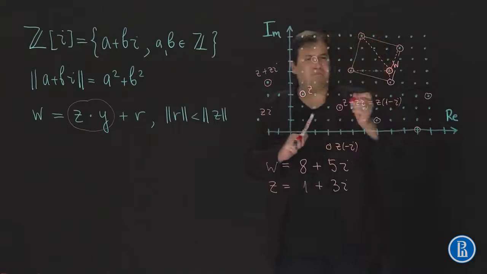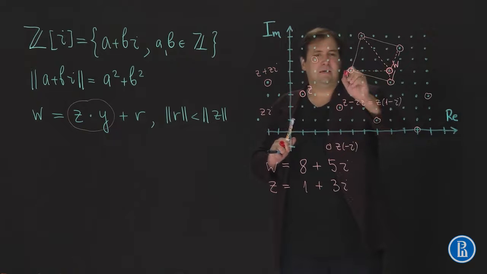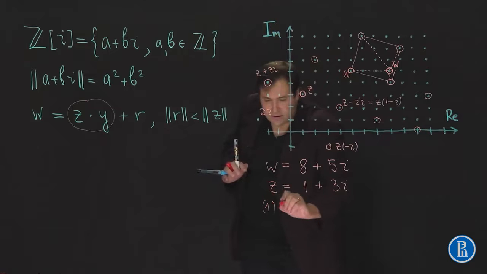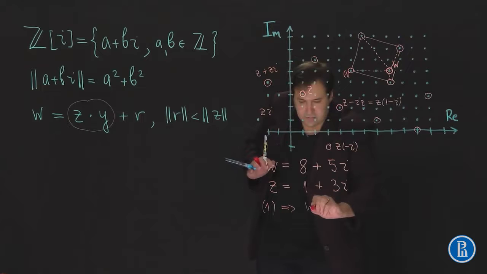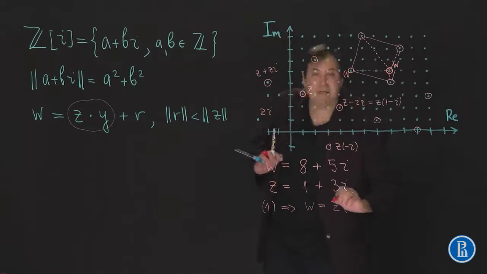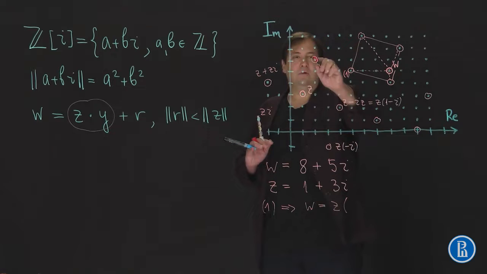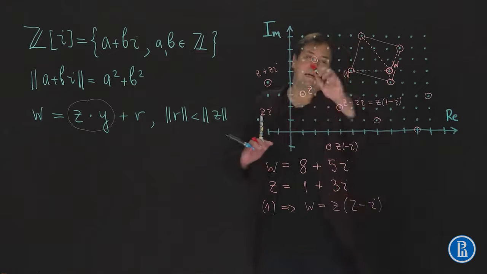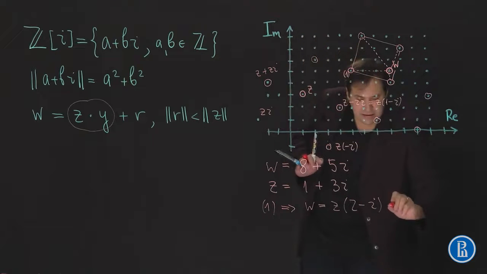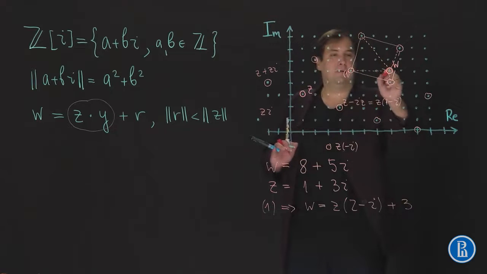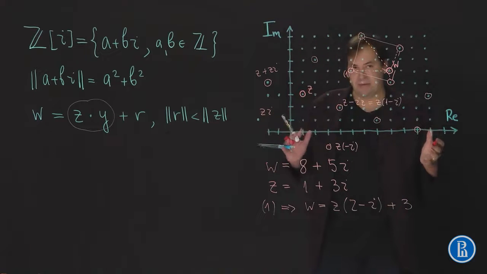Well, for instance, take this one. Let's say it's case 1. In case 1, we have that w is equal to z multiplied by 2 minus i, plus 3. Simple complex arithmetic.